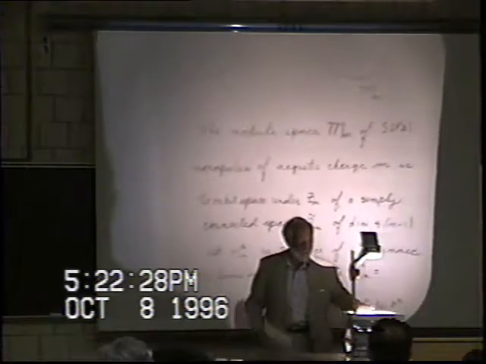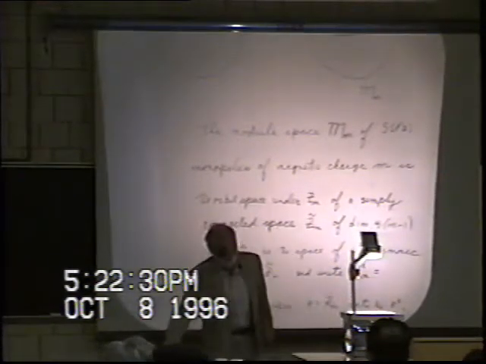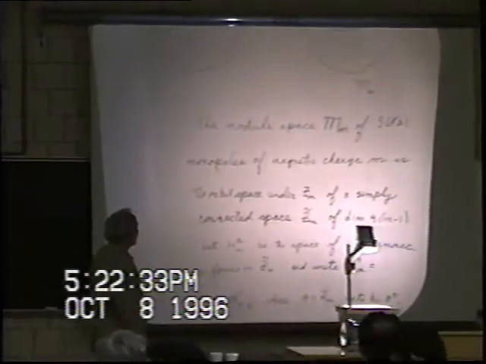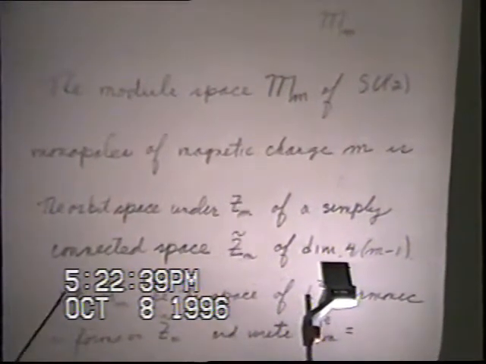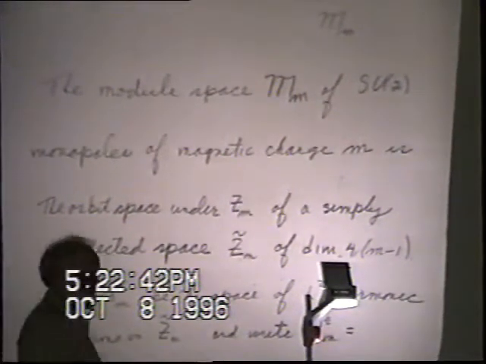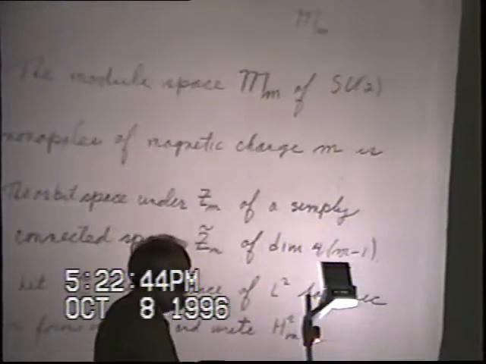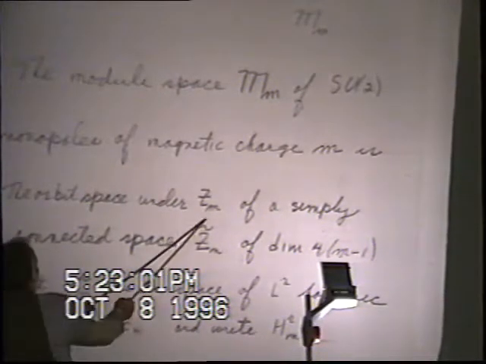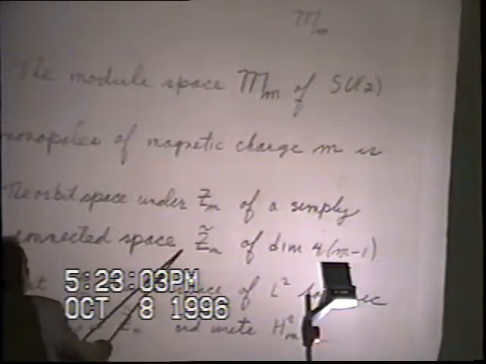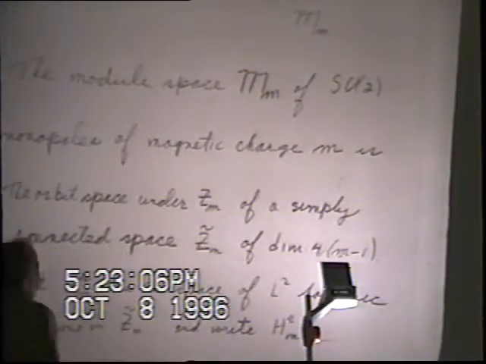Here's an example of what happens. The moduli space M_m of SU(2) monopoles of magnetic charge m turns out to be a beautiful space, originally studied by Mandula, I think, and then some beautiful papers by Atiyah and Hitchin. It is the orbit space under a cyclic group of order m of a simply connected space of dimension 4 times (m minus 1).